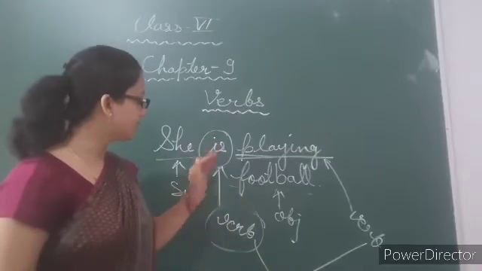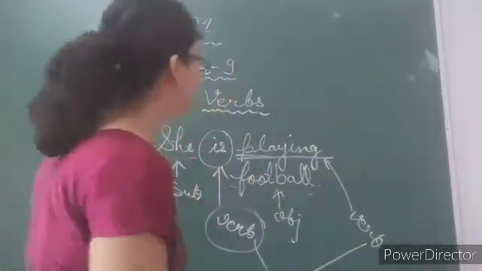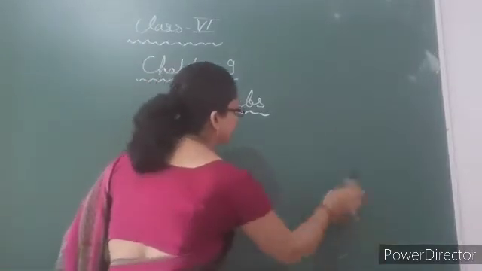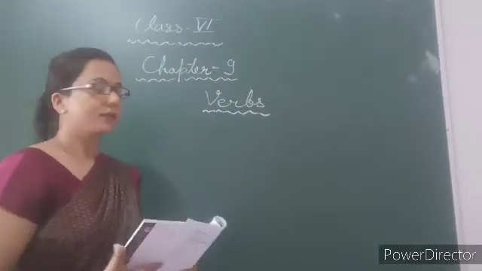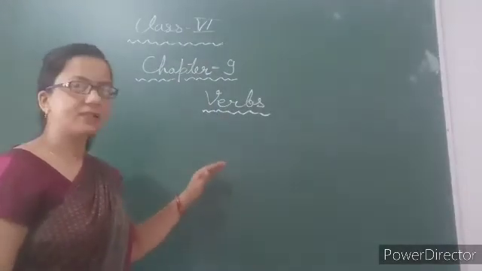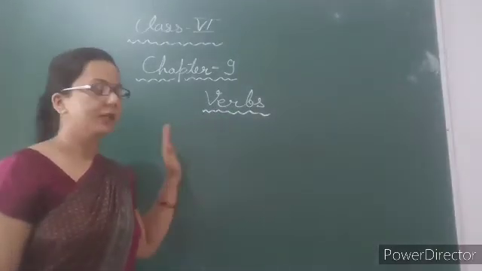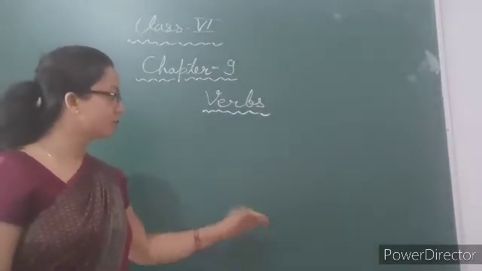So here, just to clarify this concept, have a look. My dear students, just try to understand this concept. In the sentence She is playing football, there were two verbs.